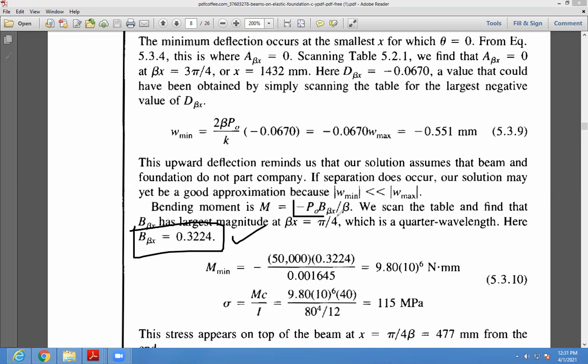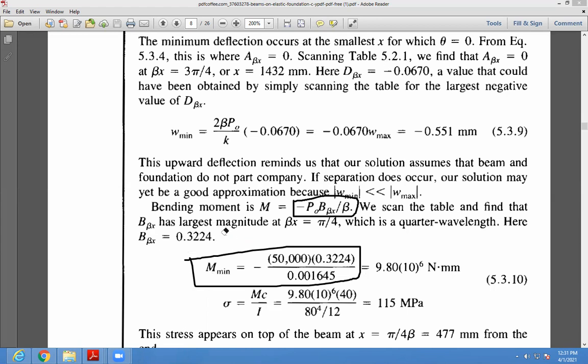So put the values of b beta x, p naught and beta, and find out the moment. Consider the equation of moment, put the values and find the moment value. Check whether it is 9.8 into 10 raised to 6 Newton mm.